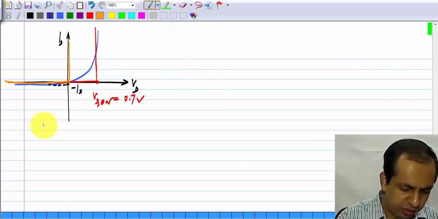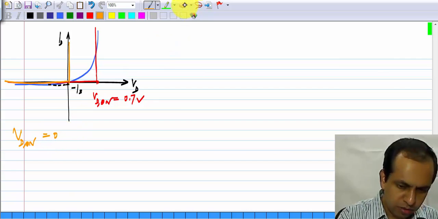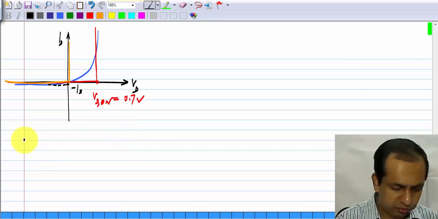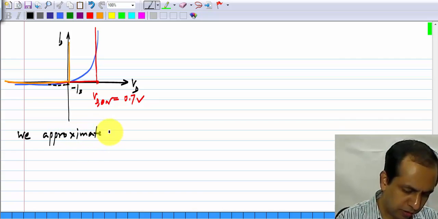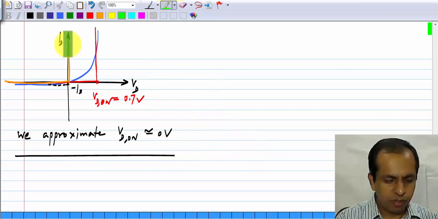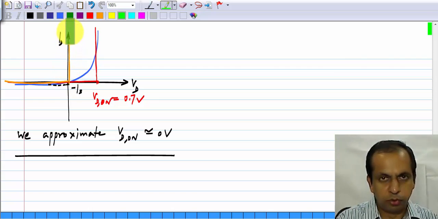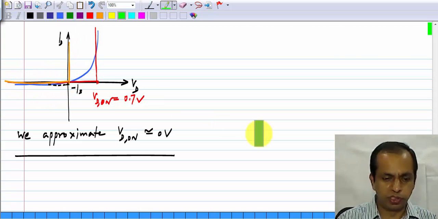That is, we make an even cruder approximation for Vd on by setting it to 0 volts. That is, the diode behaves like a short circuit when there is a positive current flowing, and the diode behaves like an open circuit when a reverse voltage is applied.